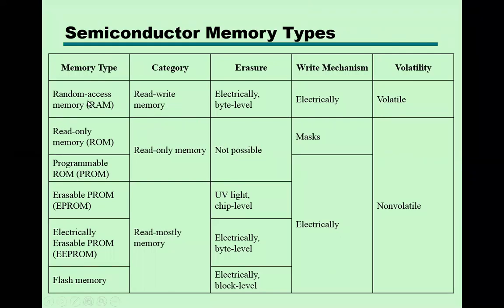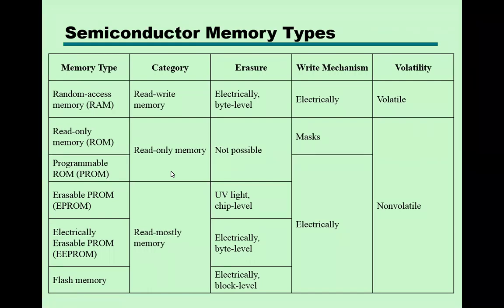Memory types: RAM, ROM, PROM, EEPROM, electrically erasable PROM, and flash memory. I think all these types of memory were already covered in first year. Kindly, anyone acknowledge in the chat box, was this syllabus covered in first year?